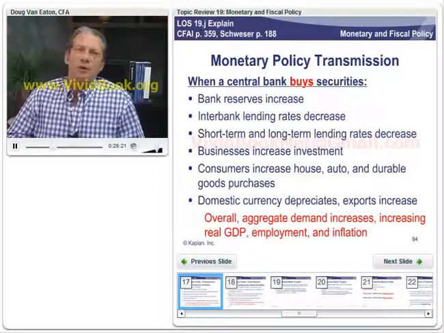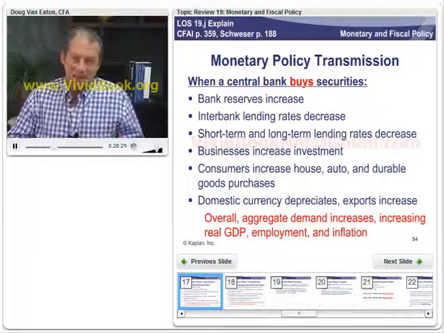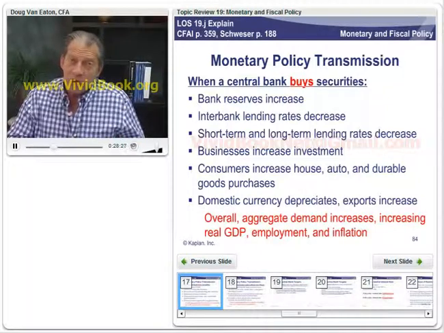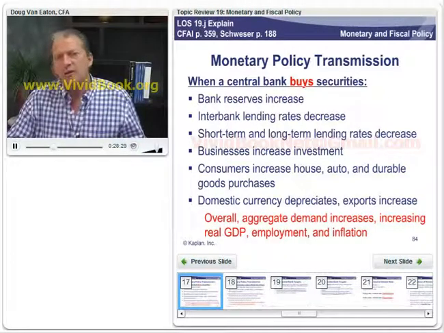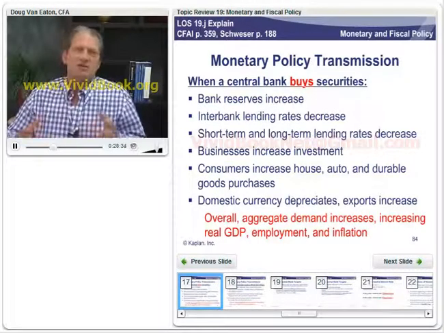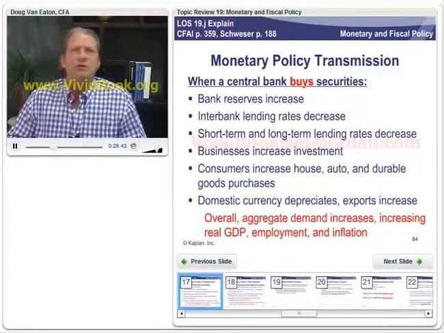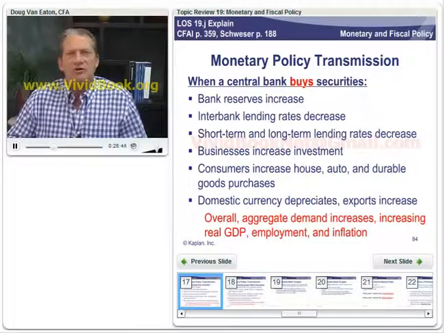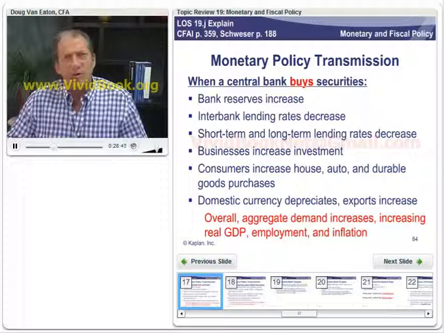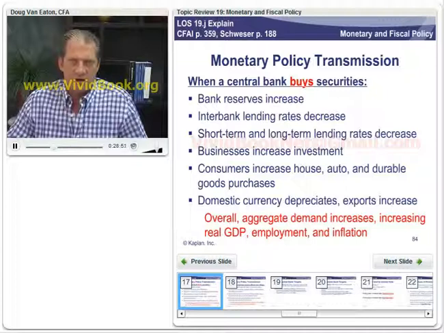Now, in response to that, businesses increase their investment. Money is less expensive, lower interest rates, lower borrowing costs. If I can borrow at a lower cost, there's other activities, expansions, business to be done that I can do at a lower cost that now looks profitable. So businesses increase investment. Consumers also are going to increase house, auto, and durable goods purchases because these are interest rate sensitive purchases. They're usually purchased on credit.